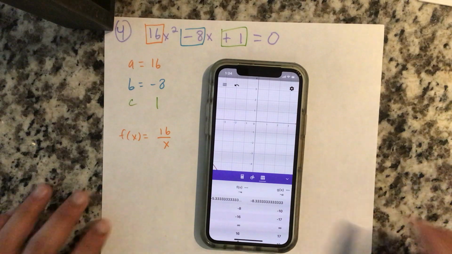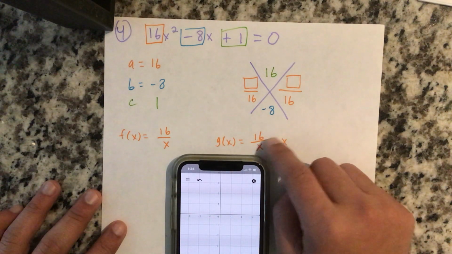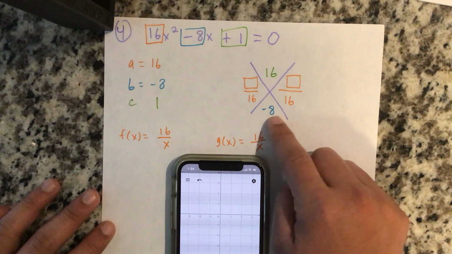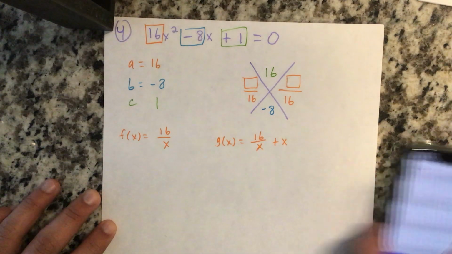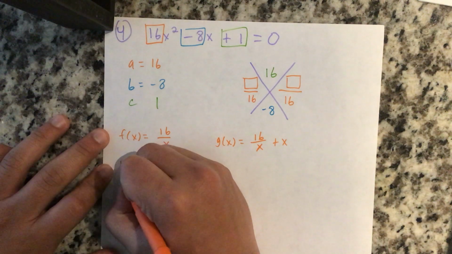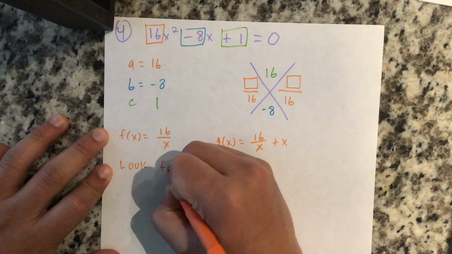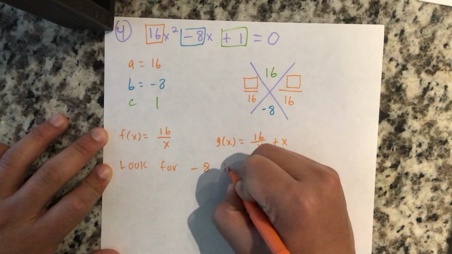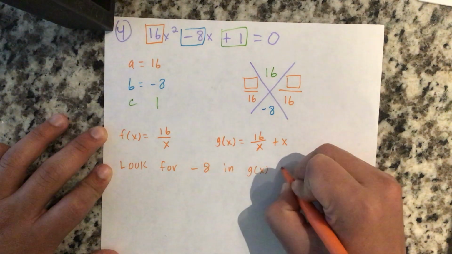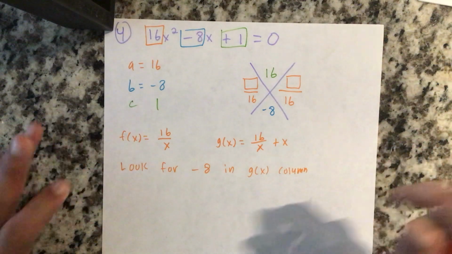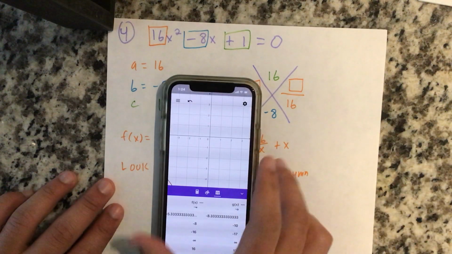Boom. Okay. So here, I need to look for negative 8 in the g of x column. Okay, so I'm going to write that down. So we're going to look for negative 8 in the g of x column. All right, so let's find it.